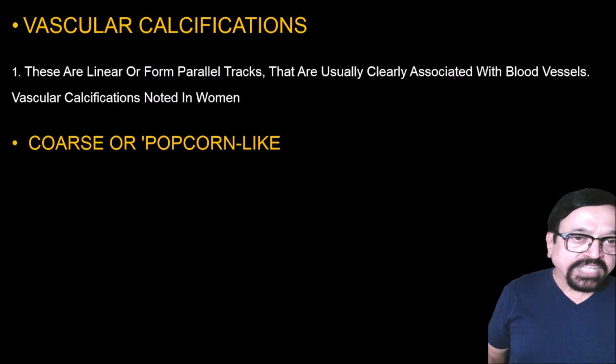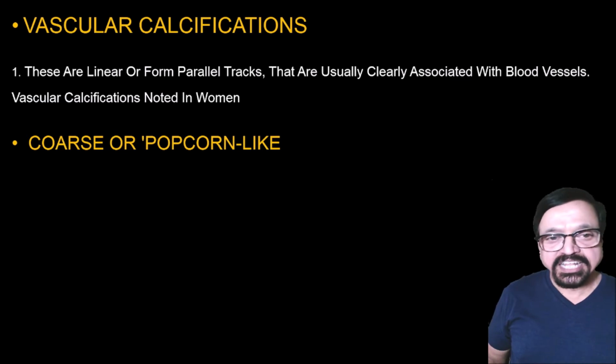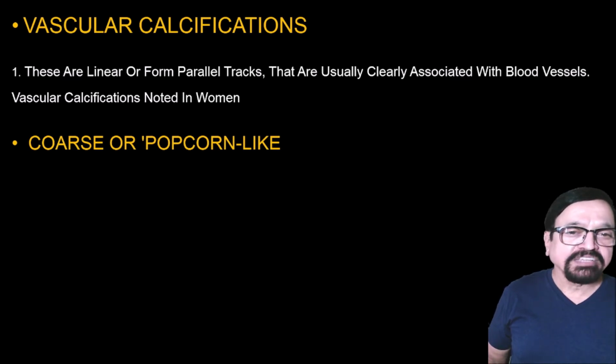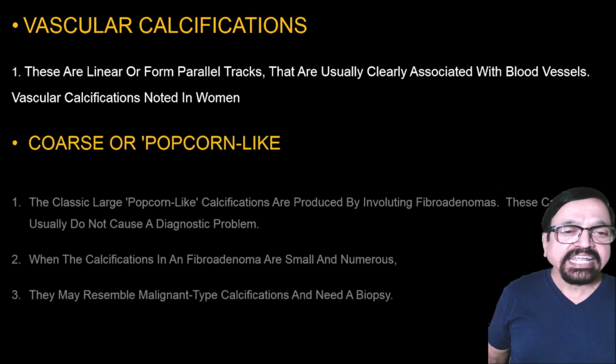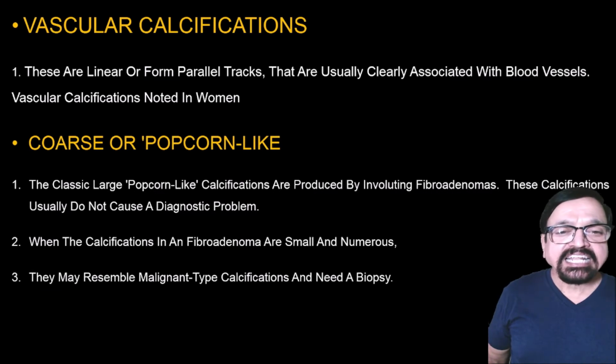Now let us come to the second, that is the vascular calcification. These are linear or form parallel tracts that are usually clearly associated with blood vessels, and are noted in older women. The coarse or popcorn calcifications are very characteristic. These classic large popcorn-like calcifications are produced by involuting fibroadenomas.